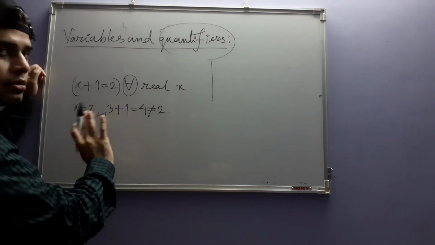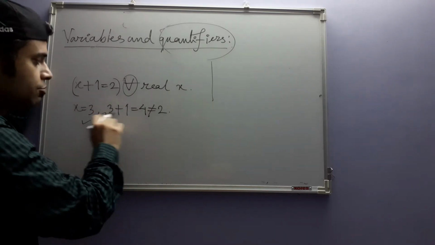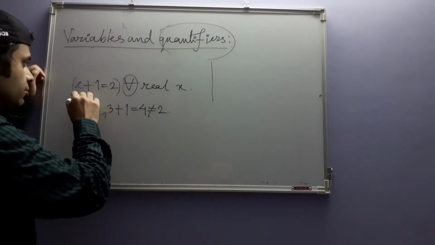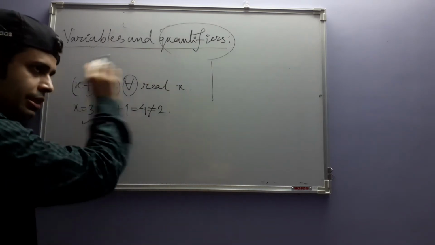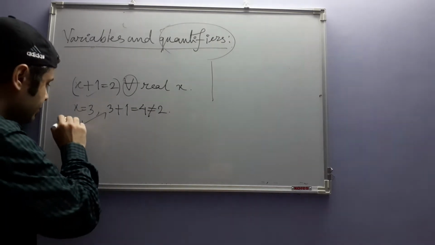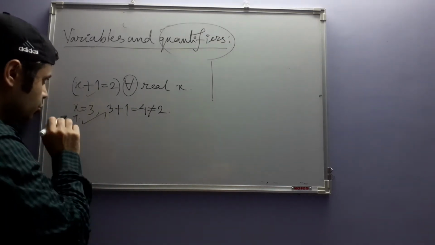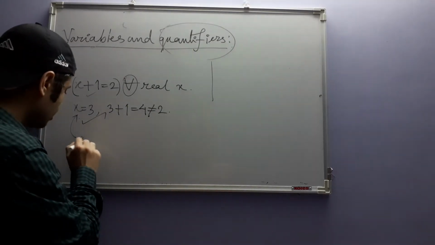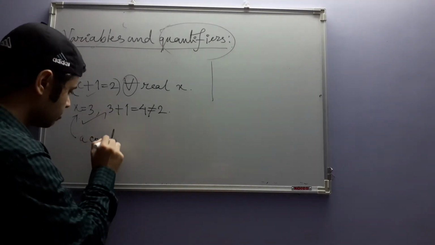That is not happening. One example is enough to show that this is false. So the universal statement is false. And this type of example which shows that a universal statement is false is called a counterexample.